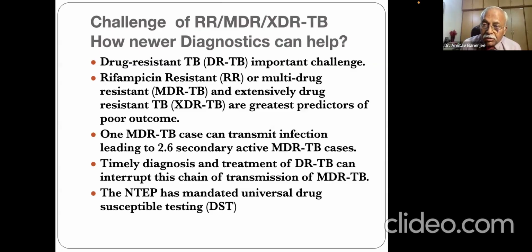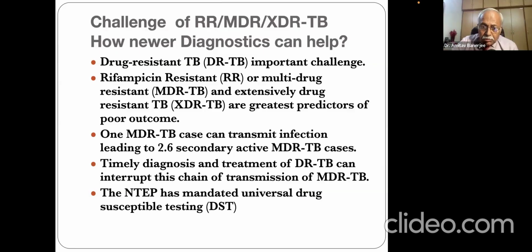The success rate of multi-drug resistance is just 60 to 68%, whereas for drug susceptible tuberculosis it is above 80%. And the cost is many times more: cost and number of second line drugs, side effects are more, duration is more.